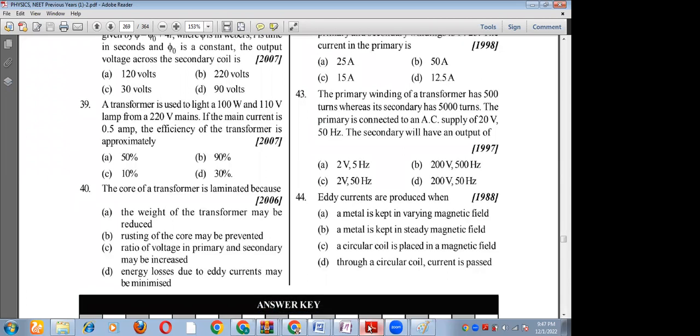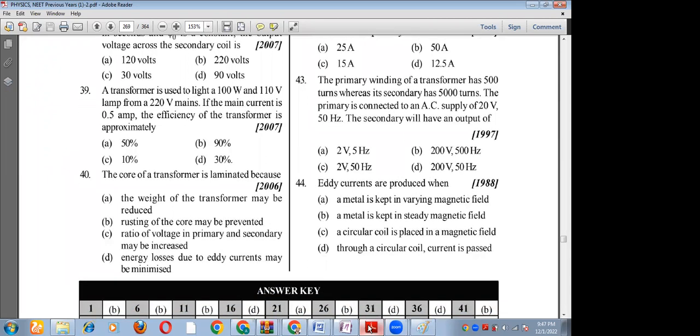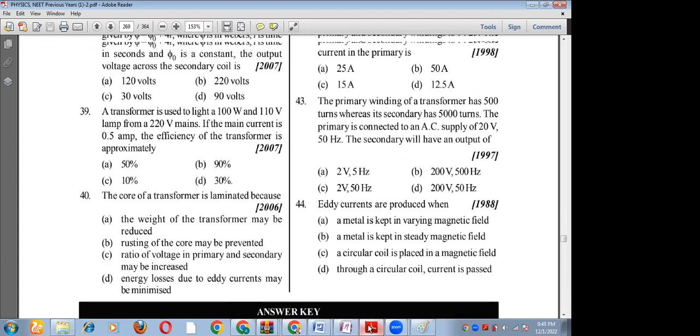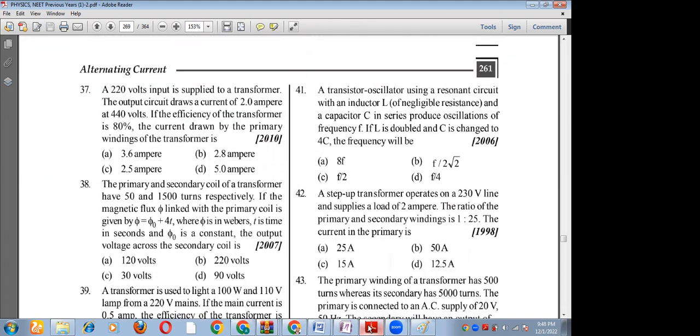Similarly, if you can see 44 question, eddy currents are produced when a metal is kept in varying magnetic field. Obviously, when a metal is kept in varying magnetic field, eddy current is produced. So for 44 also answer will be A, for 40 answer will be D. So these are easy questions.